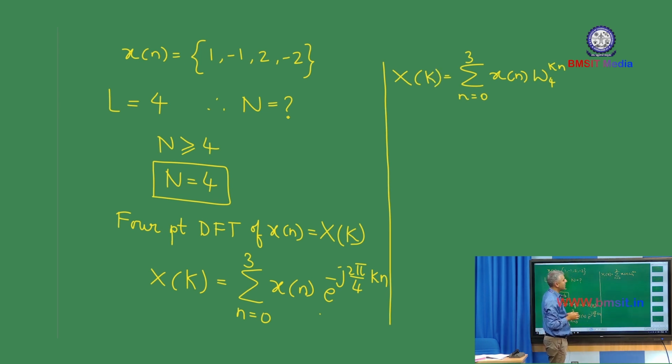X of k is summation x of n W4 raised to kn. Now if I were to expand this expression, what will it be?